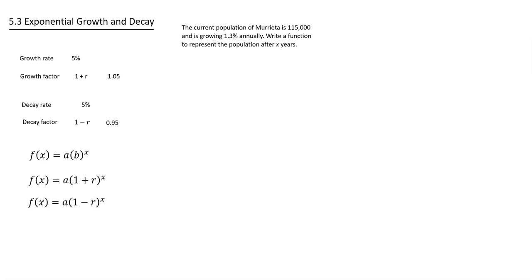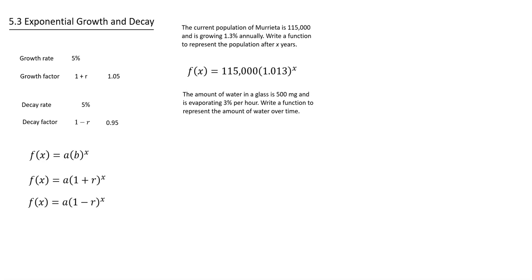So 100% plus the 1.3%, or 1 plus 0.013. So f of x equals 115,000 times 1.013 to the x power. There's our function.